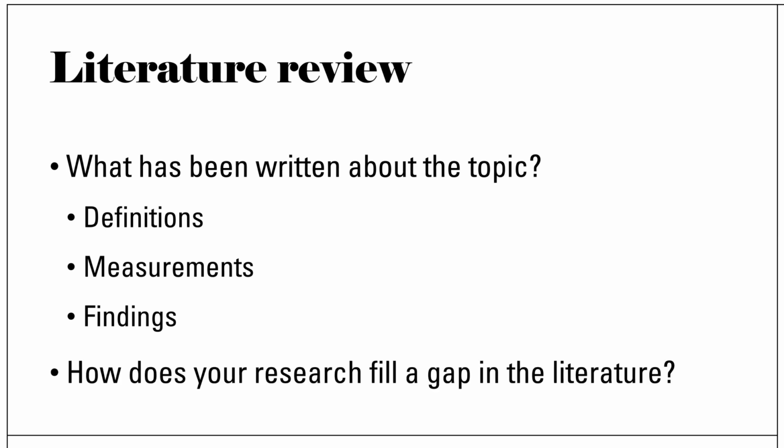After you do that, you can explain how your research fills a gap in the literature. So a lot has been written about the topic, then how is your research new or contributing something new to the existing knowledge?